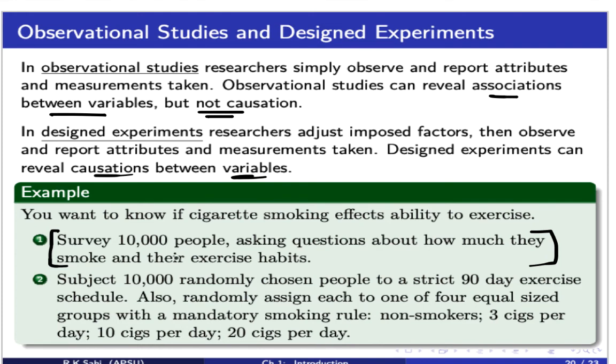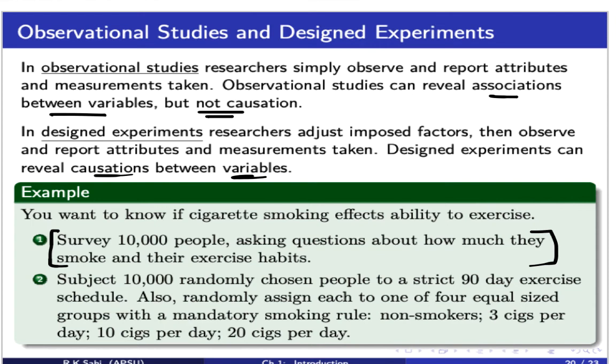For example, if we would like to know the effect of cigarette smoking on exercise. In the first question, I just randomly asked some of those 10,000 people, do you smoke or exercise? That's simply observational. But when it comes to design, you want to see, does cigarette smoking have an effect on the ability to exercise? That's what they really want to know.